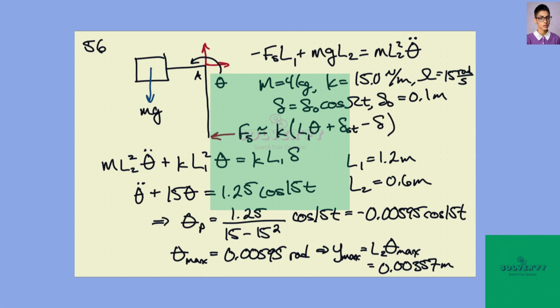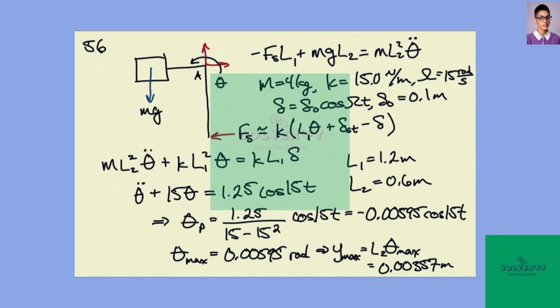Our equation of motion then becomes mL2 squared theta double dot plus KL1 squared theta equals KL1 times the excitation. Plugging in our values and dividing through, we get theta double dot plus 15 theta equals 1.25 cosine 15t. And we were asked to determine the steady state amplitude.